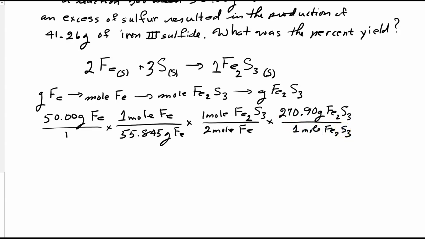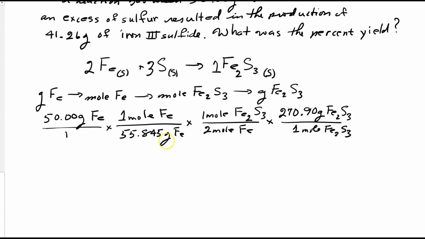Now what this is going to give us, by the way, is what would happen with respect to an absolutely perfect reaction. In other words, 100% yield, because we need to know that before we can figure out what the actual yield was in terms of percent.